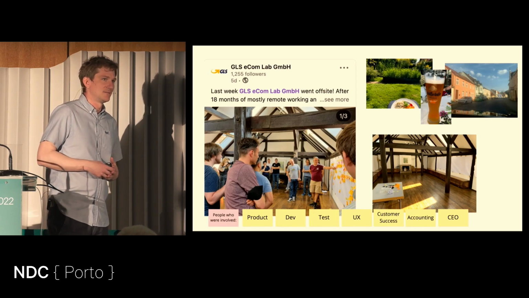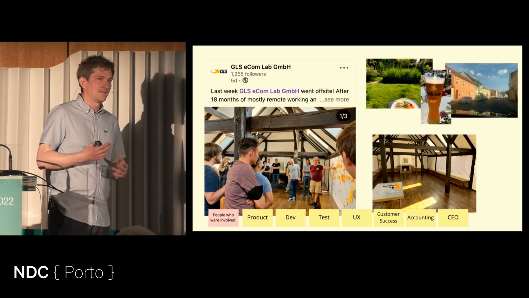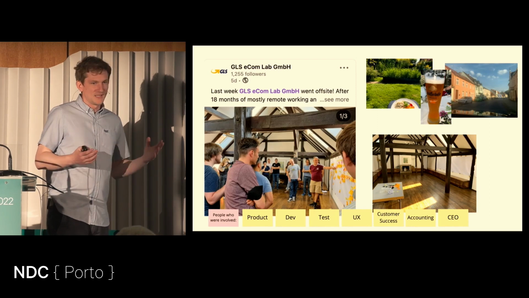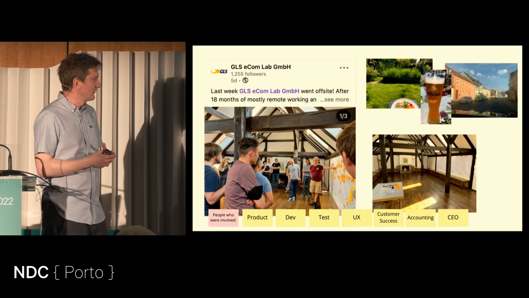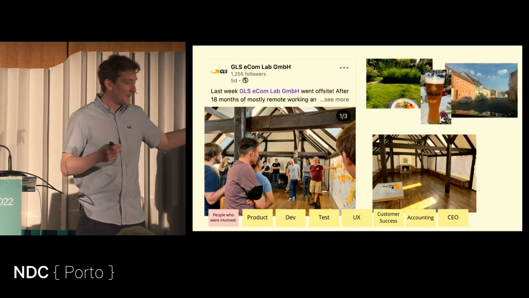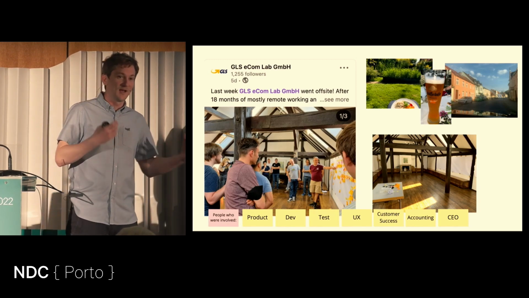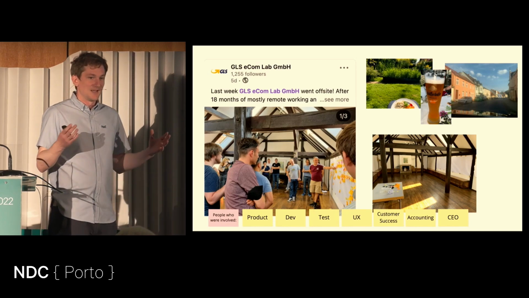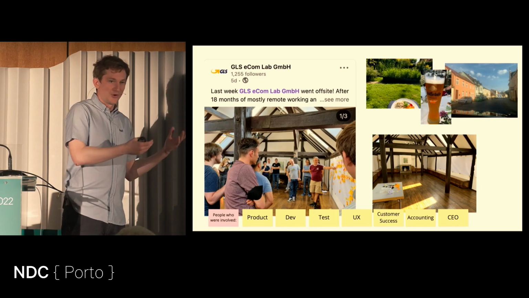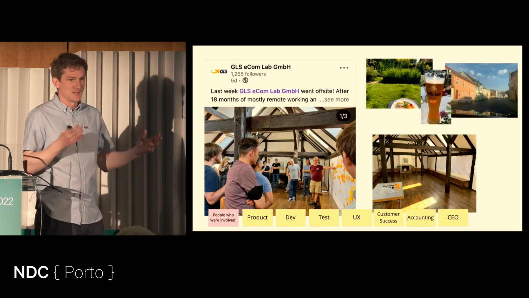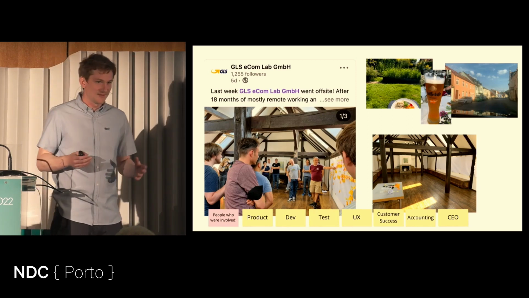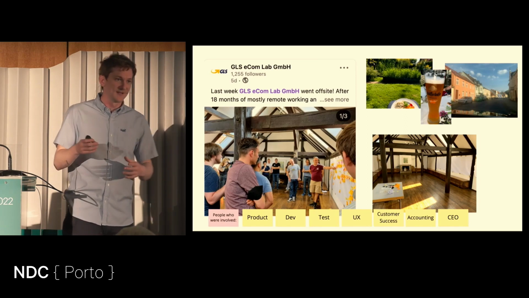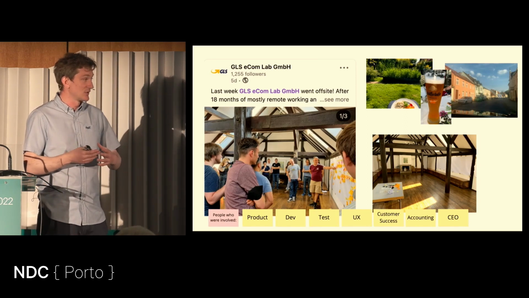I would say the thing that stood out to me was the conversations between the different people, especially the customer success people, who actually went out to warehouses and physical places to meet their users. And they were bringing those insights back into the workshop as we mapped out this process. And the developers were like, oh, I didn't realize that. Oh, I didn't realize the system worked that way. So a lot of cross-pollination was going on.